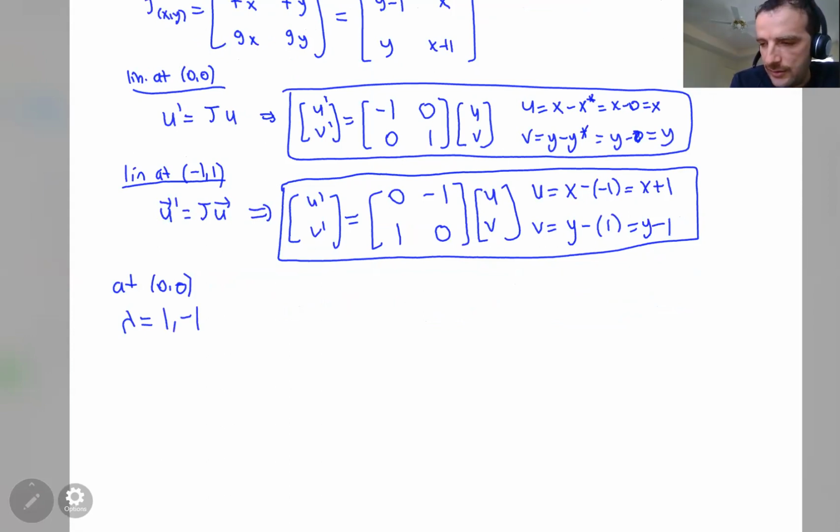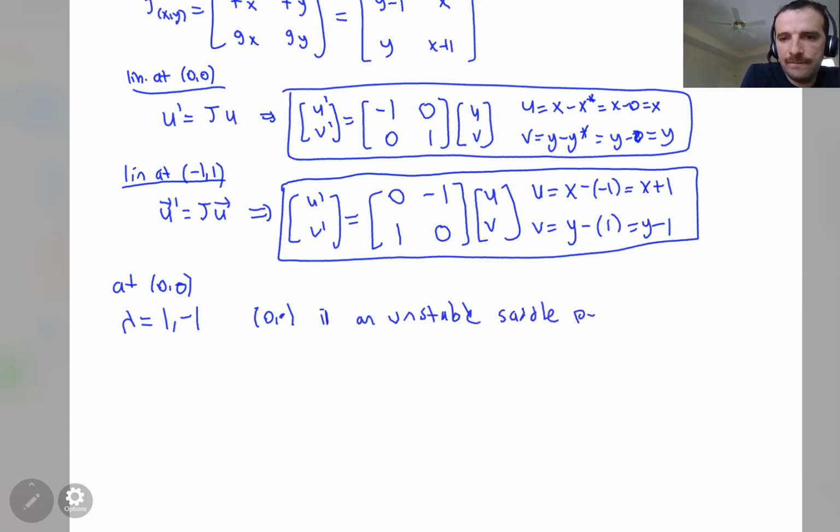Since minus 1 and 1 are real and of different sign, one of them is positive and the other one is negative, which means (0, 0) is an unstable saddle point, right?